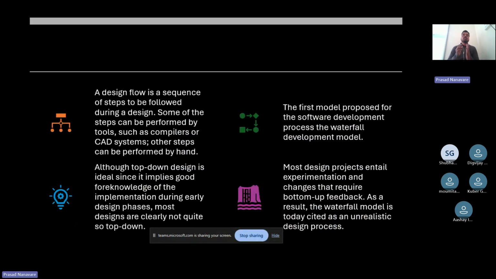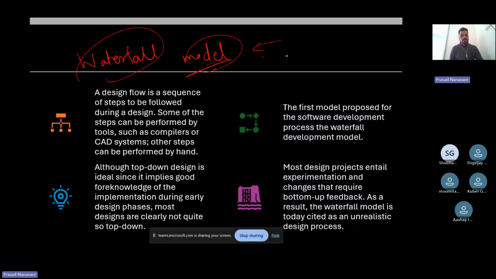Design flows. Then we got started with basic design flows, and the first thing we saw was the waterfall model. Another thing I noticed when reviewing students' projects is that they still think this model is going to get them through, but let me tell you the reality: this never works. This is only a theory-based model.